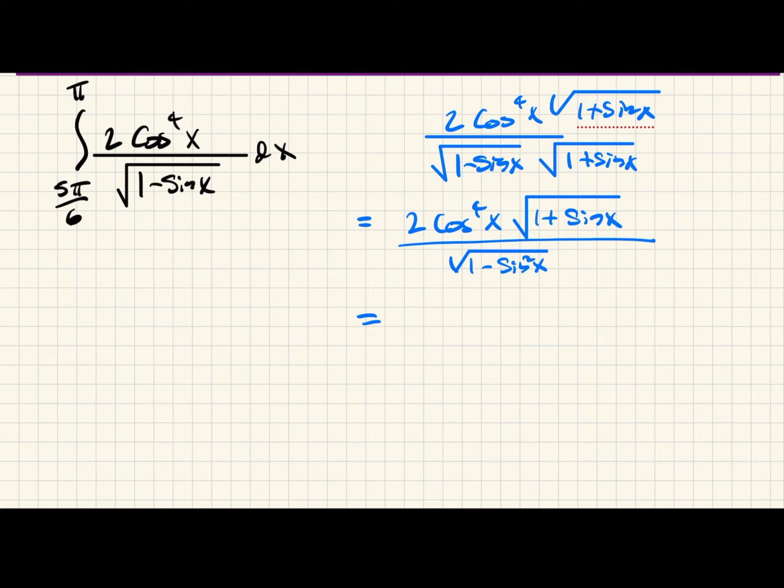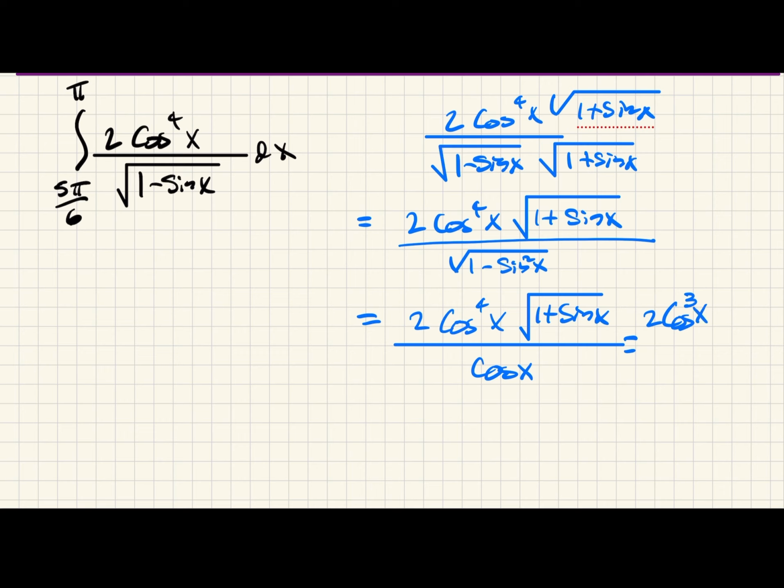But this whole thing turns out to be 2 cosine 4x square root 1 plus sine x over cosine x, right? And then a cosine eliminates. So we wind up with 2 cosine cubed x square root 1 plus sine x.